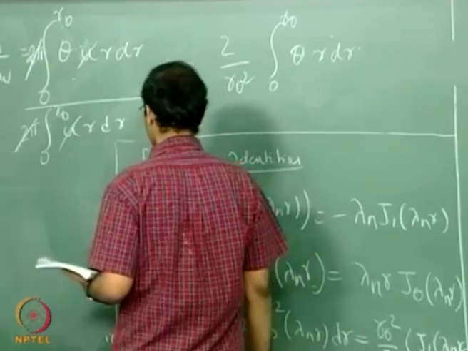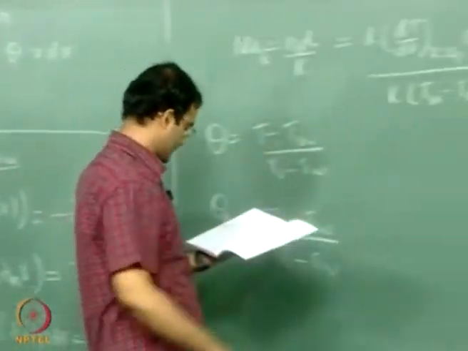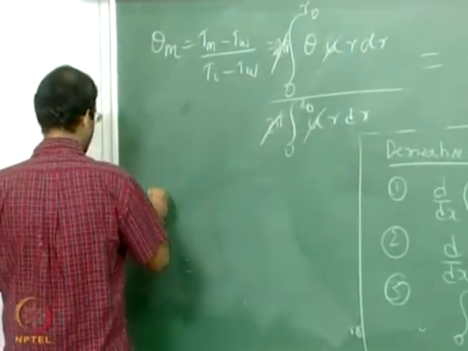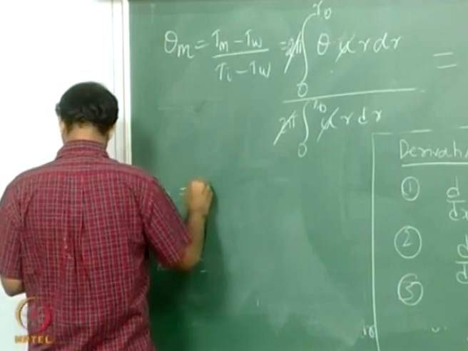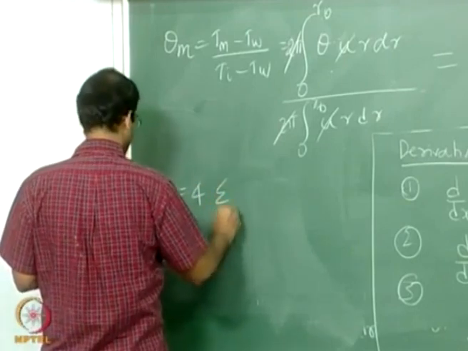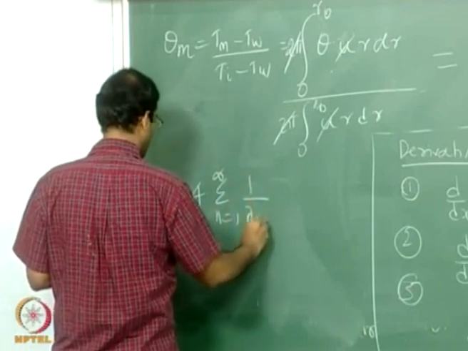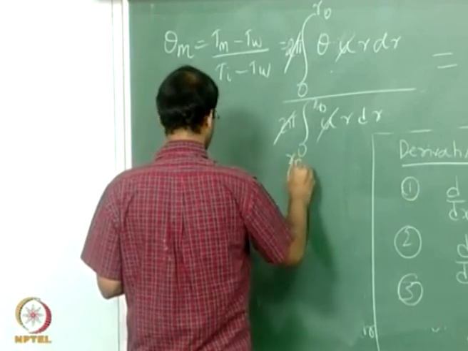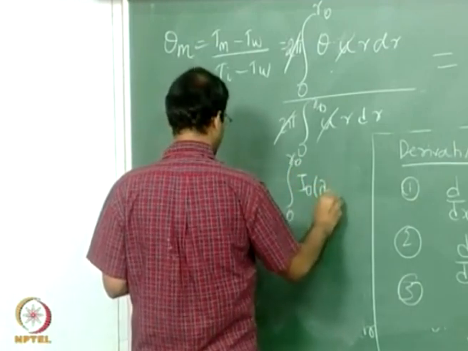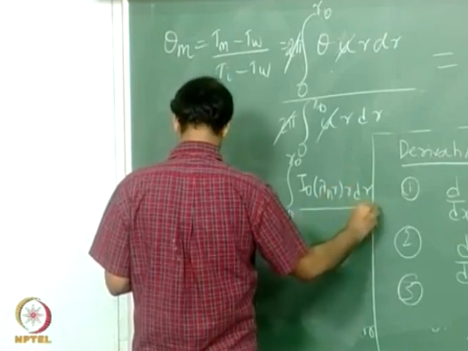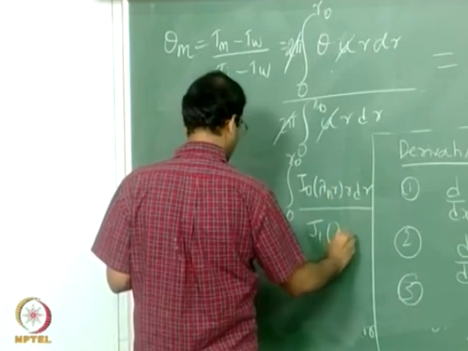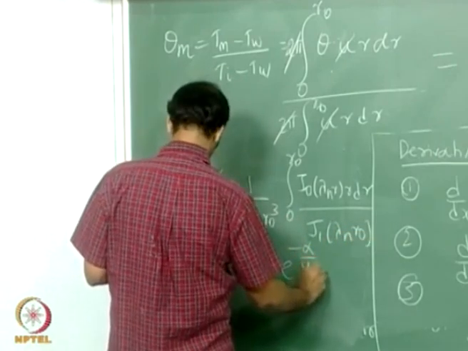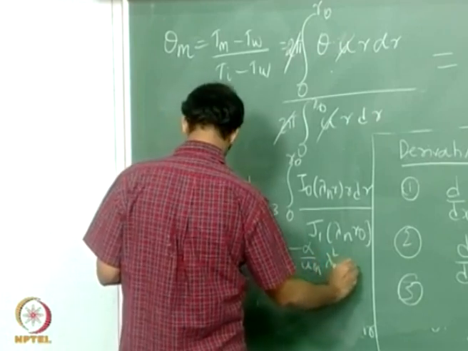Okay. Now if you substitute for theta from the final expression that we have, you can write your theta mean as 4 times summation n equal to 1 to infinity 1 by lambda n r naught cube, integral 0 to r naught J0 lambda n r divided by J1 lambda n r naught into e power minus alpha by um into lambda n square x.